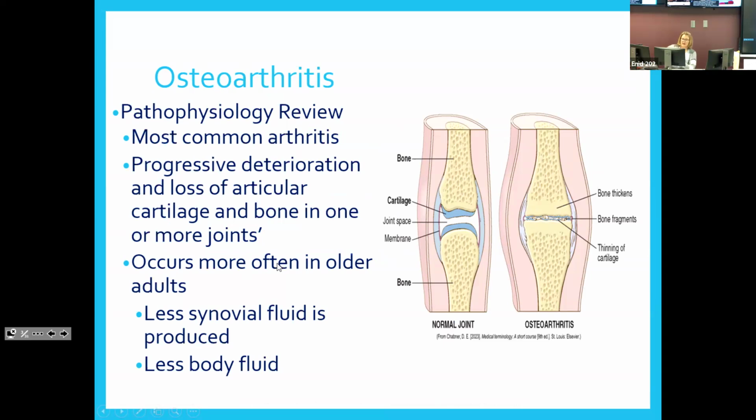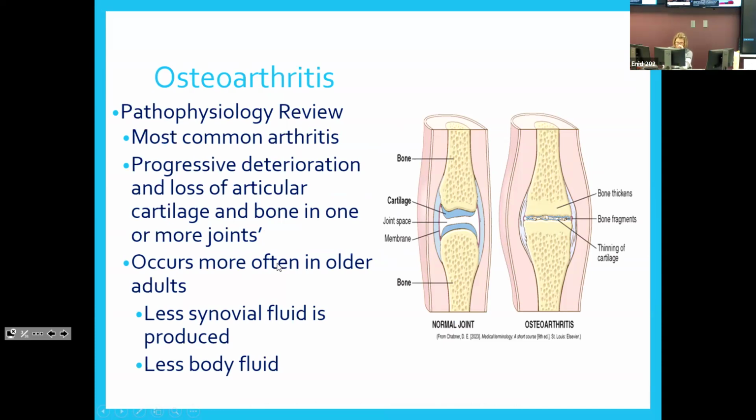Okay, so osteoarthritis, not to be confused with osteoporosis, is the most common type of arthritis. It's progressive deterioration and loss of articular cartilage and bone in one or more joints.